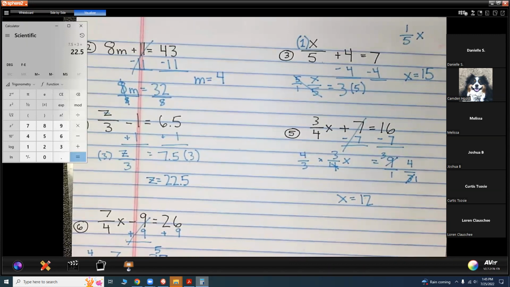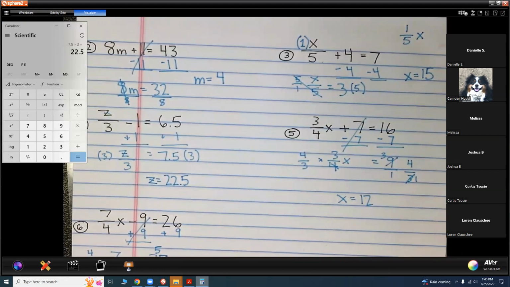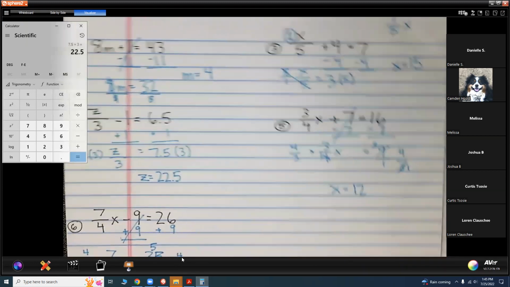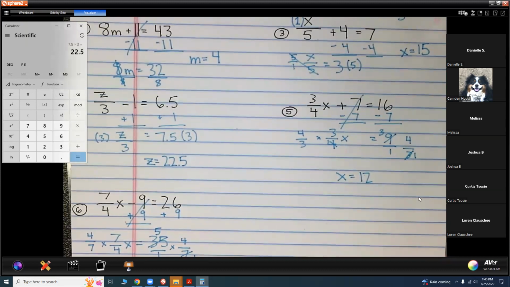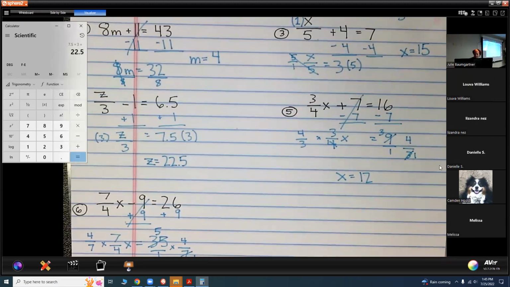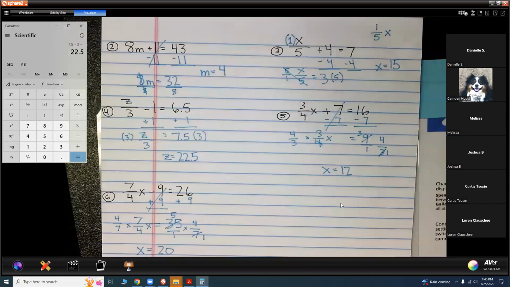Any questions or comments about two-step equations? Is everyone feeling good about these? Everyone's feeling quiet about them? Okay, Melissa, thanks. Okay, cool.